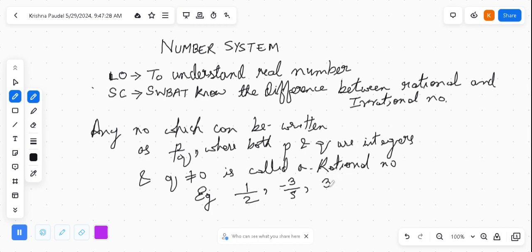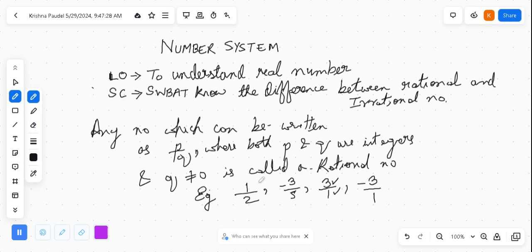The definition of rational number says that any number which can be written as p by q, where both p and q are integers and q is not equal to 0. You can take one more example. Let's take the negative integer minus 3. Now minus 3 also is a rational number because minus 3 can be written as p by q, where both p and q are integers and q is not equal to 0.